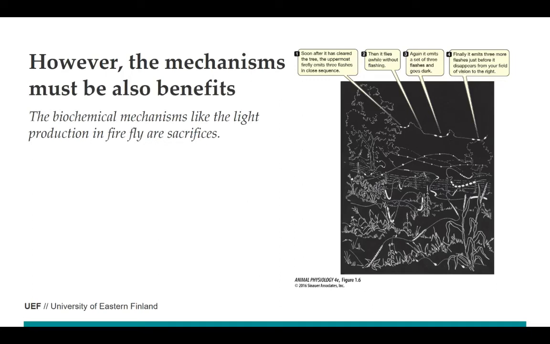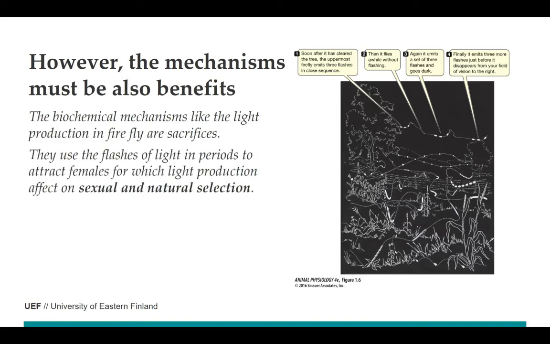Because it's using ATP for this product, and because it's easy prey when the lights are on, it's always a sacrifice. So it has to have some kind of benefit. It uses this light to attract females. That's why the light production affects sexual and natural selection.